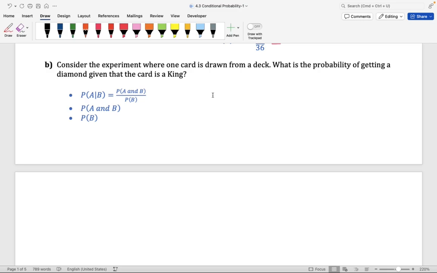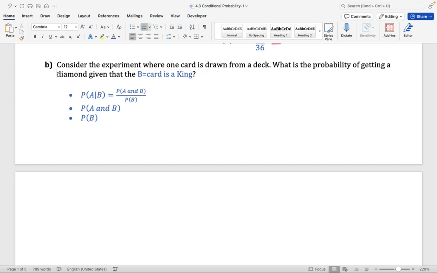So here, notice the given part is that the card is a king. So here, B is the event of the card being a king. Event A is the event of the card being a diamond.